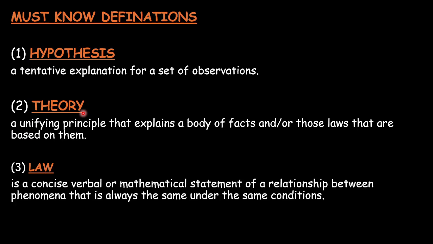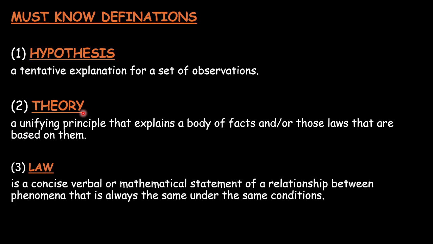What this means is that a law may be a statement or it may be a mathematical statement, an equation, like some of the equations that Einstein came up with. Okay, so you find that these are always the same under the same conditions. It is a law that when you hold something above the ground and you let it go, it will fall to the ground. We call it the law of gravity.